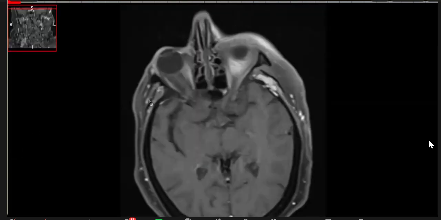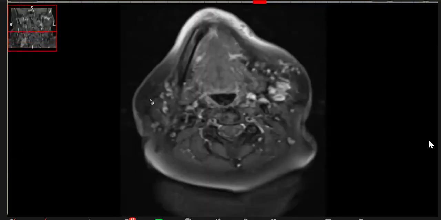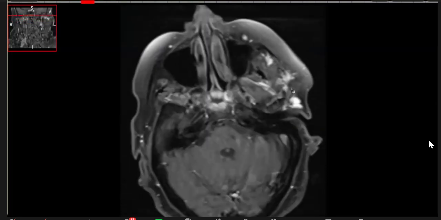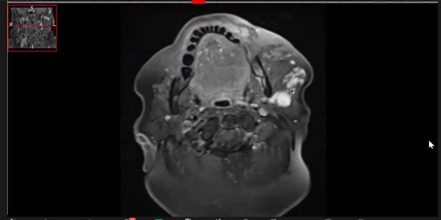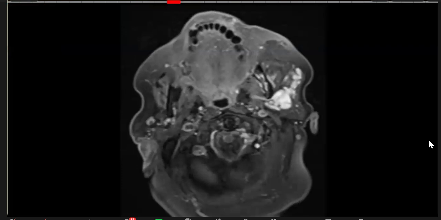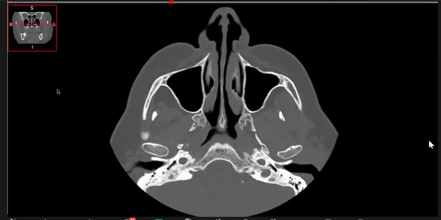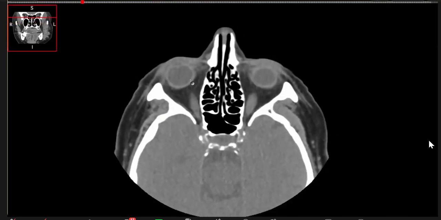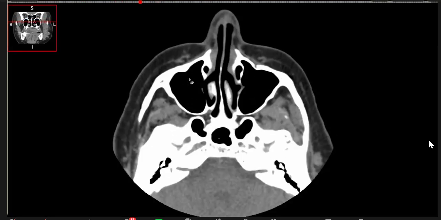If we give contrast, it will enhance, and so it is enhancing. You can see these vascular channels, and you can ask for a CT scan just to confirm it. And on a CT scan, you will actually pick up phleboliths.